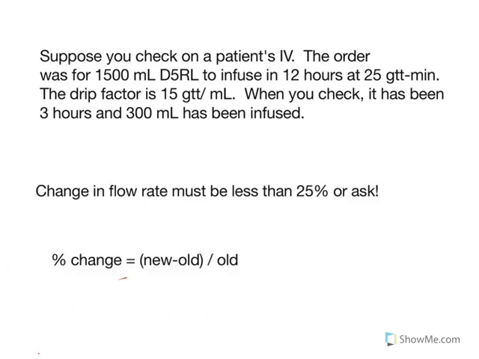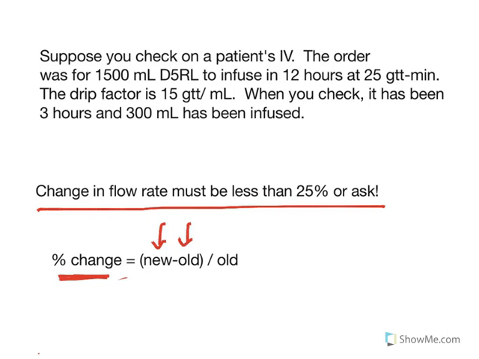Okay, so let's talk about this change in flow rate. So I have the rule written out here. A change in flow rate must be less than 25%, or we have to ask our physician if it's okay to perform that change. Mathematically, the way we find the percentage of change is we take our new flow rate minus our old flow rate.